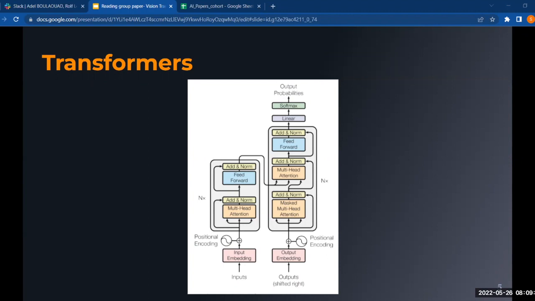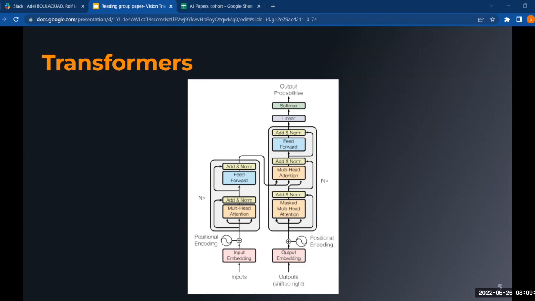Here, by masking, what I mean is that the next word of the sentence is what is masked, because that is what the model wants to learn. So this output with the previous output A will go through a multi-head attention again, and then through a feed-forward neural network, where it will be finally normalized and passed to a linear layer and a softmax in order to get the probabilities. So this is an overview of the architecture of a transformer.